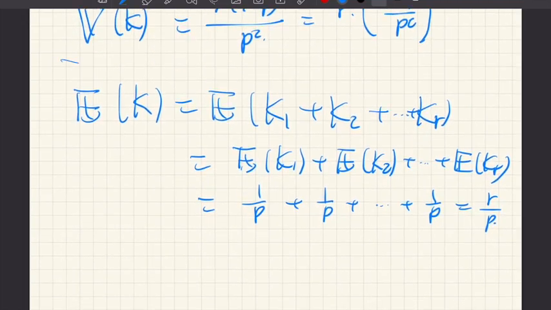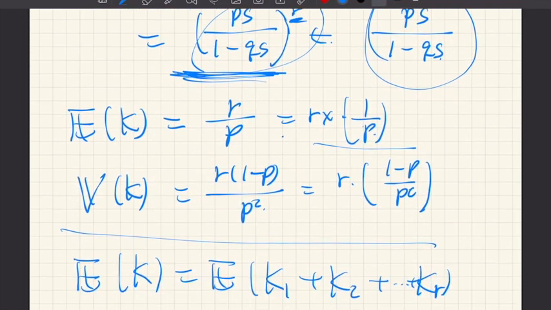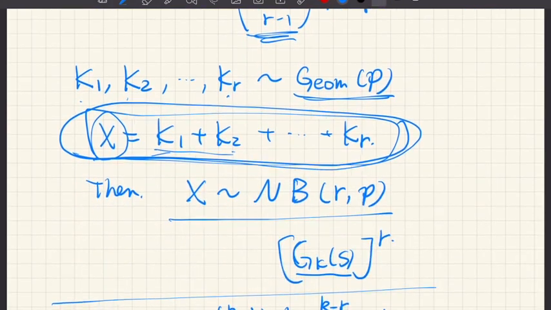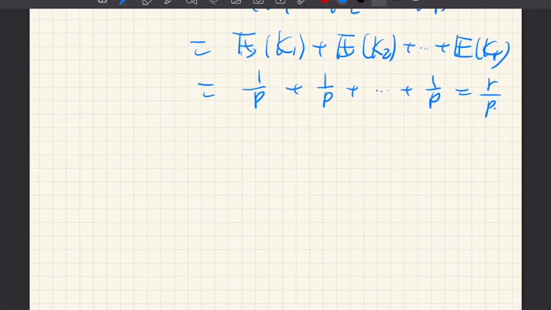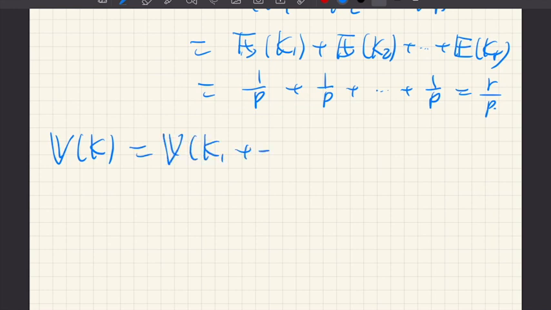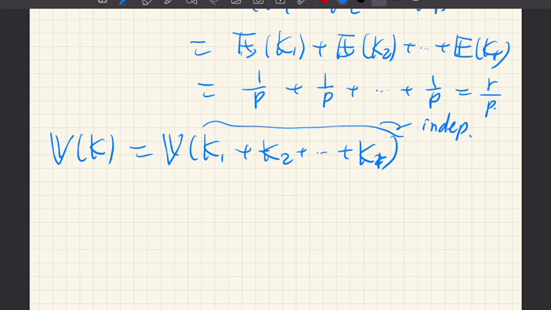And for the variance also, since these geometric random variables are independent, we don't have any covariance components. So the variance of a sum of independent variables, since they are independent, we can split the variance.